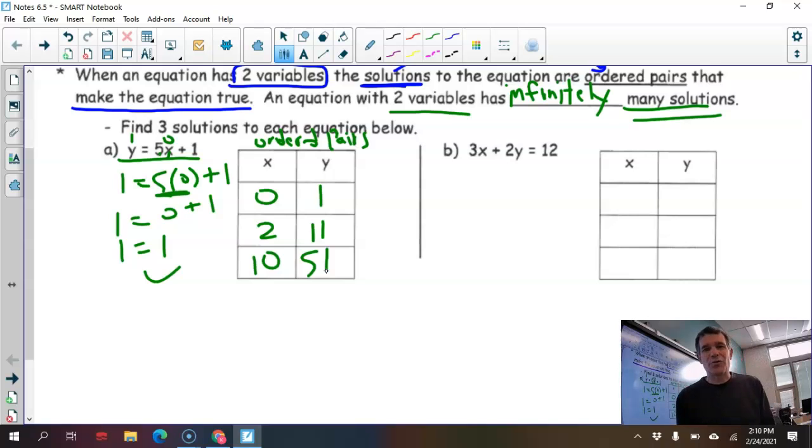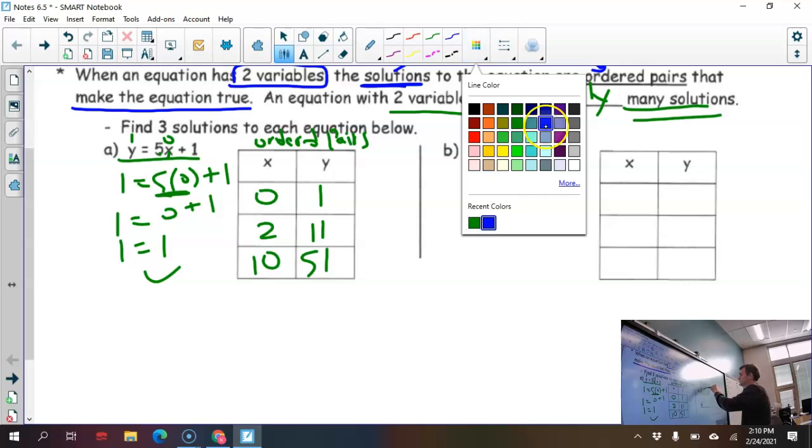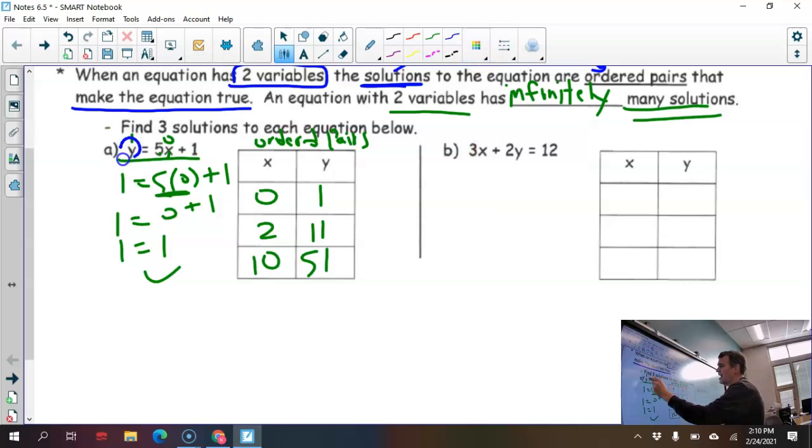These are just 3 ordered pairs that are solutions to that equation. Now, here's the thing. When y is by itself, I think it's pretty easy to come up with solutions. You can just pick anything you want for x, like say 10, and you can say, all right, 5 times 10, that's 50 plus 1. y is 51. Pretty easy when the y is by itself.